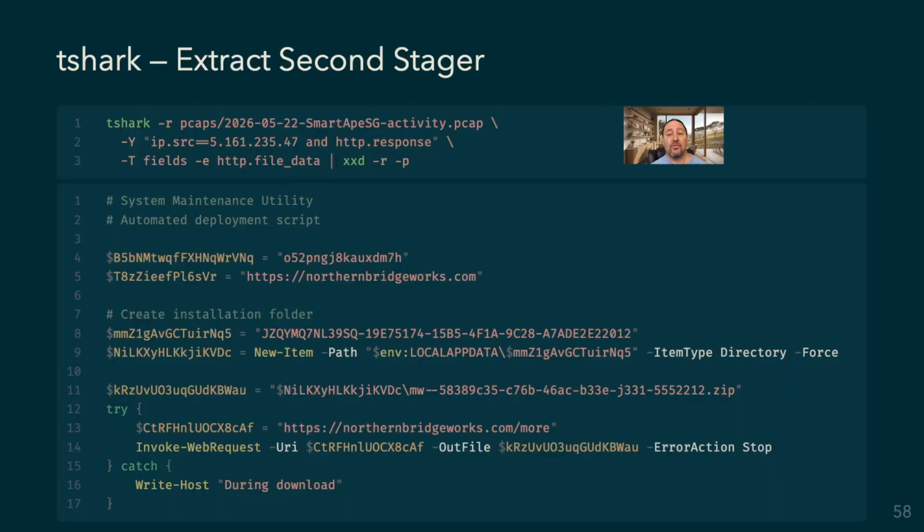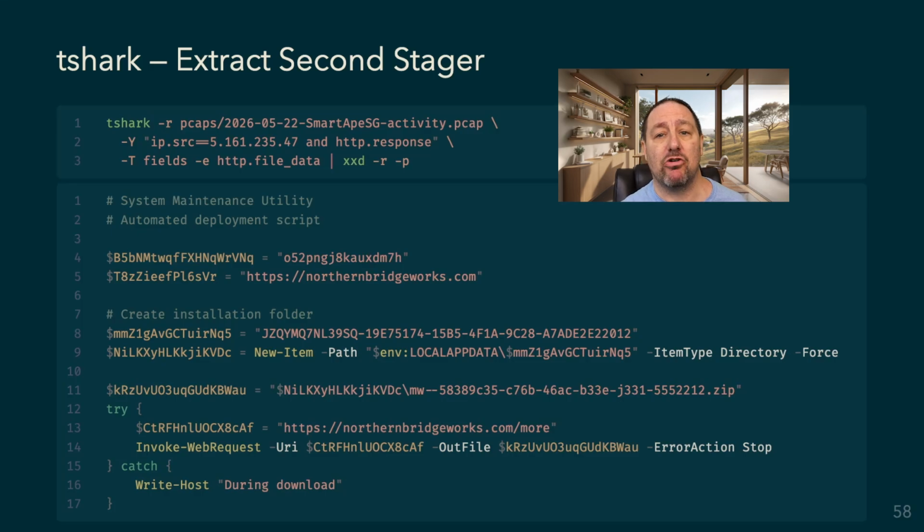Okay? When the first stager launched that hidden PowerShell child, it hits this 5 address. So what was served back when that 5 address was visited? Let's extract the response the same way with tshark that we did earlier with the other connection to get stage 1.